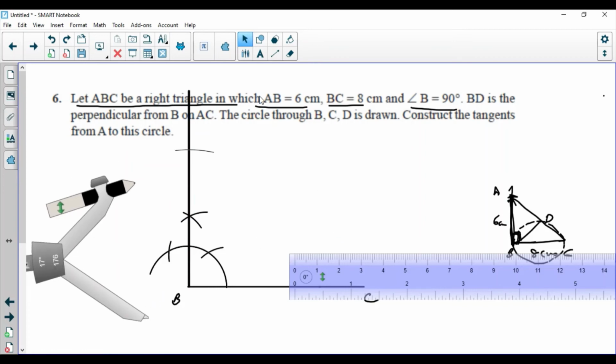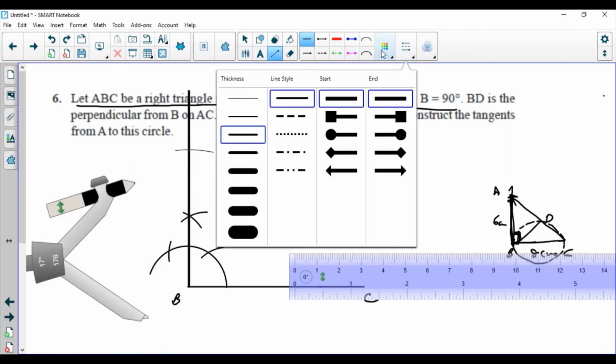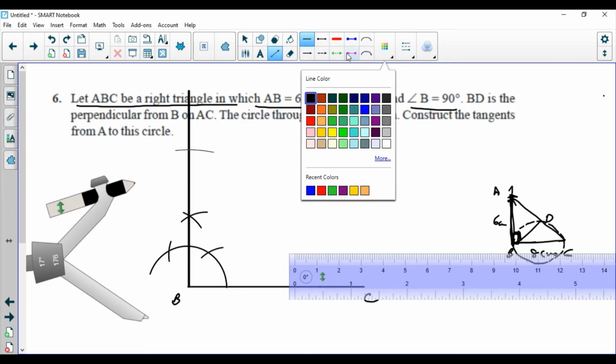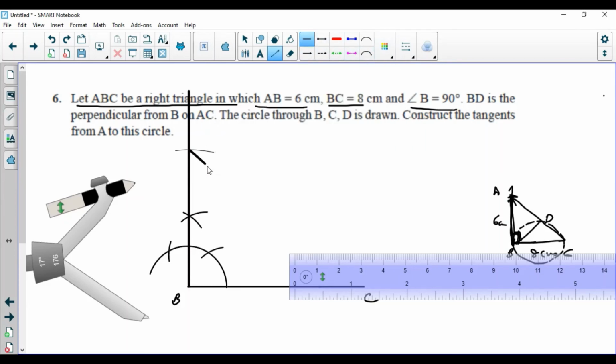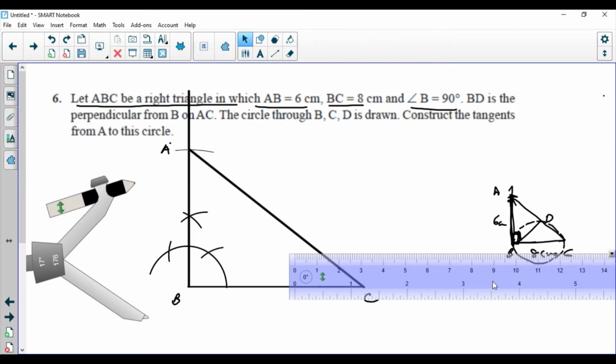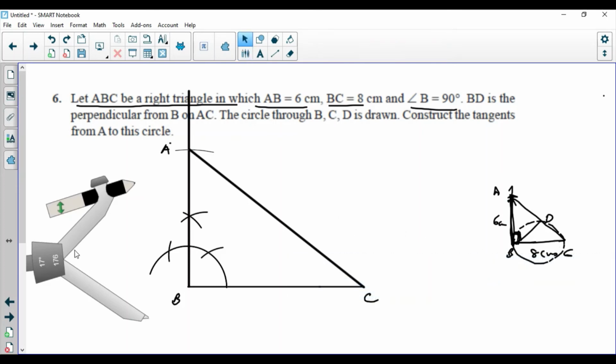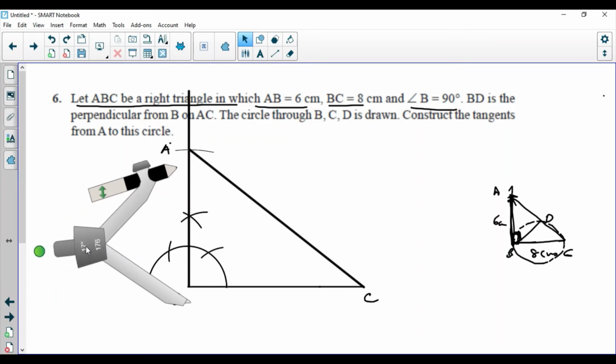So point A we got, we will join this with point C. Okay, this is our point A. So now half part is done. Triangle is done. Okay, now what is next written in the question?